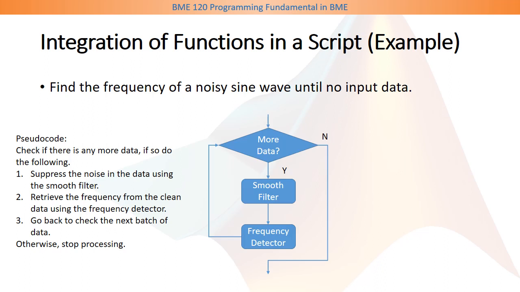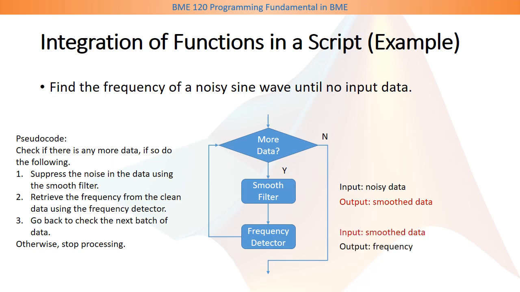Here is the flowchart. So first it will check if there is any data. If there is, then we are going to use a smooth filter and frequency detector to find the frequency of the signal. Otherwise, we just exit the loop. Now, please keep in mind that the input data to the smooth filter is the noisy data, and the output is the smooth data.